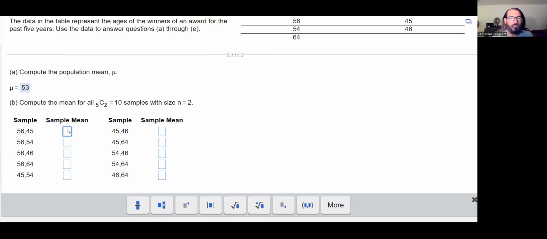Halfway in between would be 5.5, so our sample mean would be 50.5. 45 and 46 are only 1 apart, so 45.5.